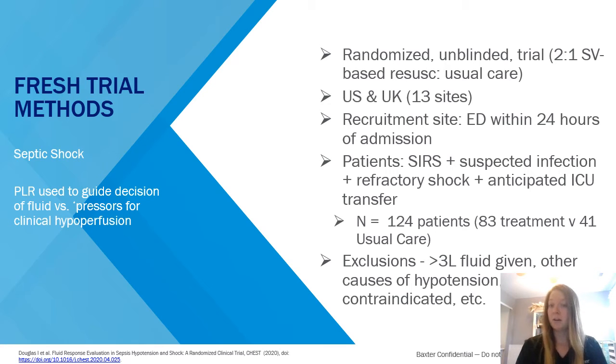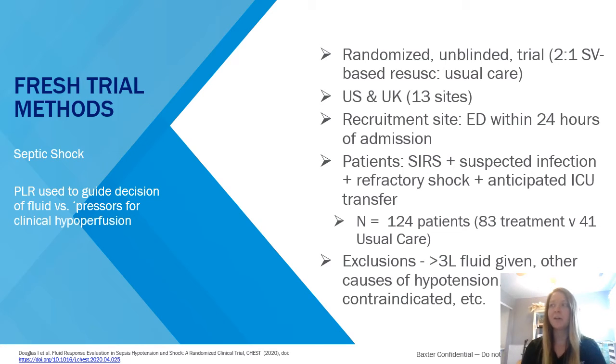There was a small N of 124 patients, 83 in the treatment arm, also known as the stroke volume guided arm, versus 41 patients in the usual care group. However, what's fantastic about this small N is there was a lot of statistical significance and clinical significance, which we'll get into next. There was some exclusion criteria.